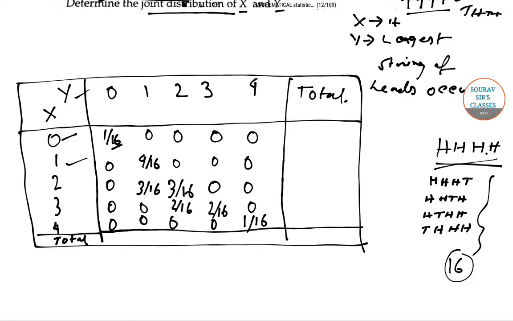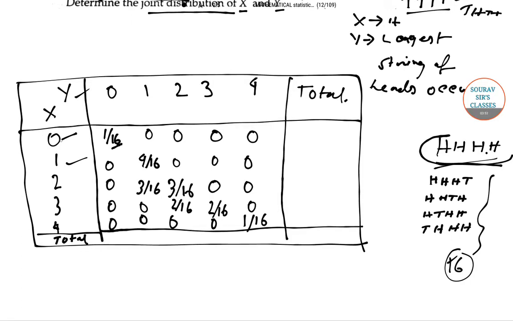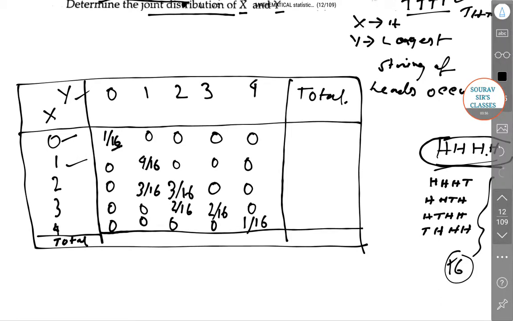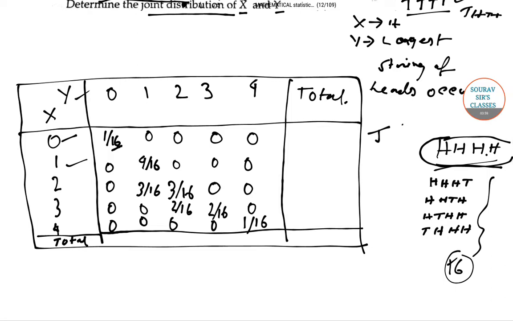Now in what case is the probability of x and y 1 by 16? That is when x is 0, the number of heads is 0, and y is also 0, which is the case T, T, T, T. It is only one case where the maximum string of heads is 0 and the number of heads is 0.